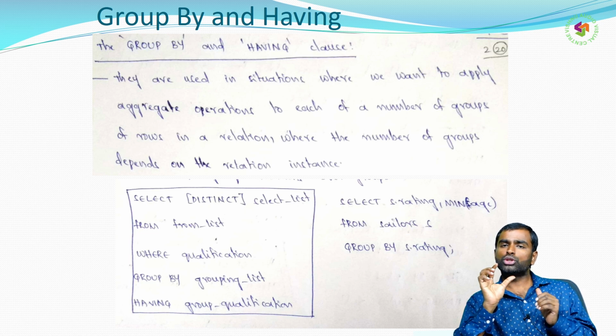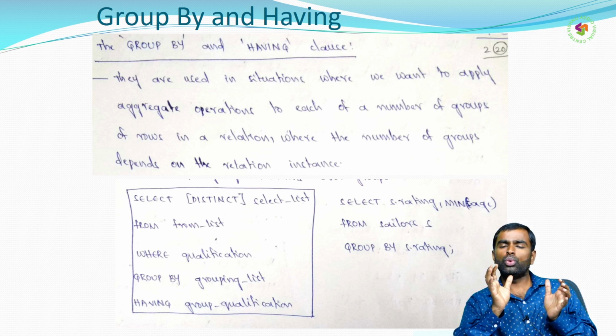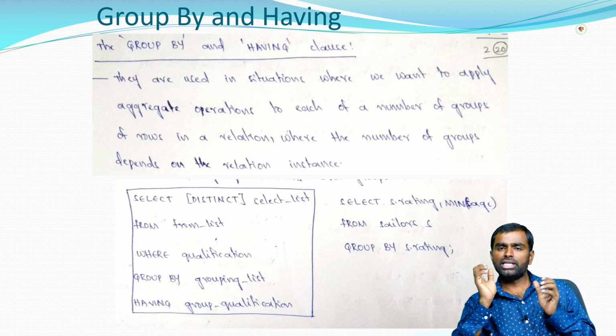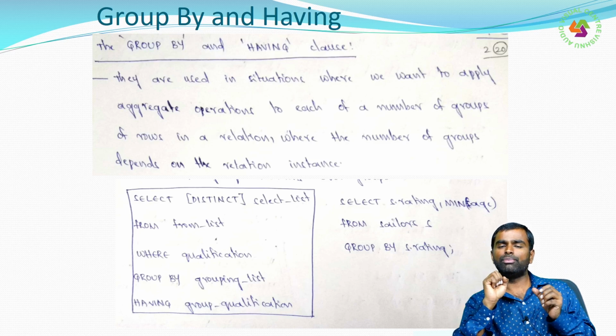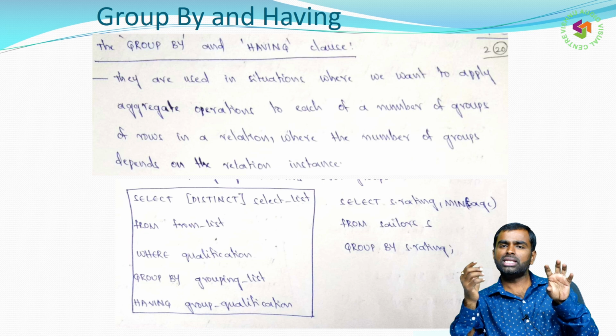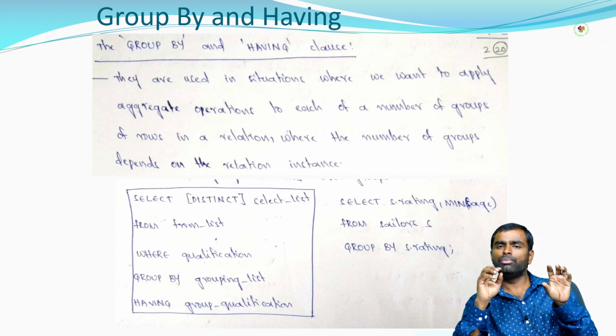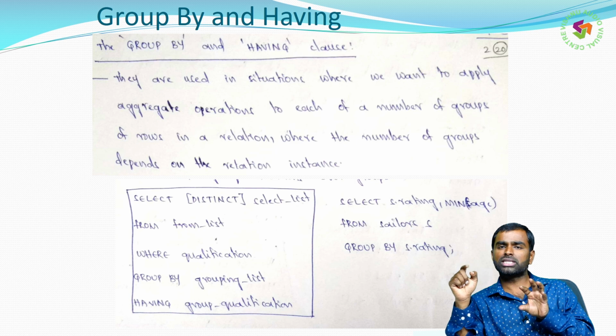For example, in the student case, based on gender you are dividing into groups: group by gender. For male students you would like to apply some change, and for female students you would like to apply some other action. For example, in a company, the annual increment is 10% for male employees, while for women empowerment they give a 15% increment to female employees.